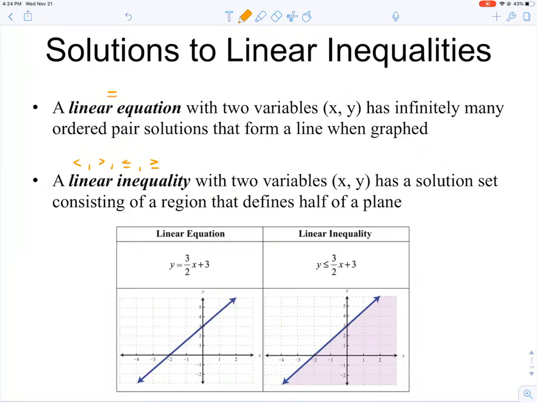Linear inequalities usually have infinitely many solutions as well. They can also have no solutions, but we'll talk about that more later. But the solution set ends up consisting of half of a plane, like half of an XY plane.